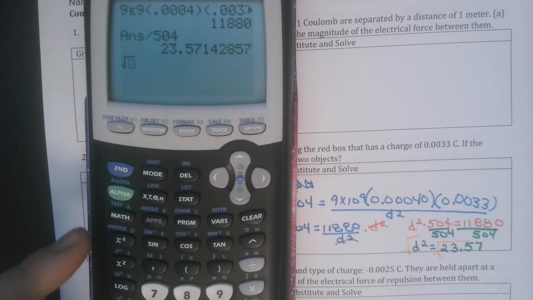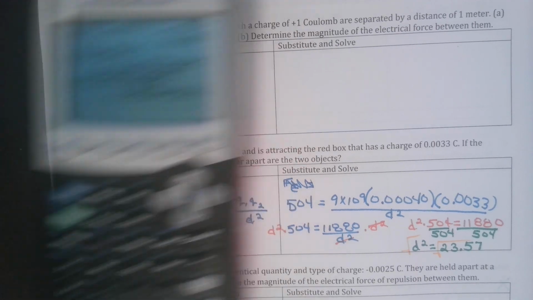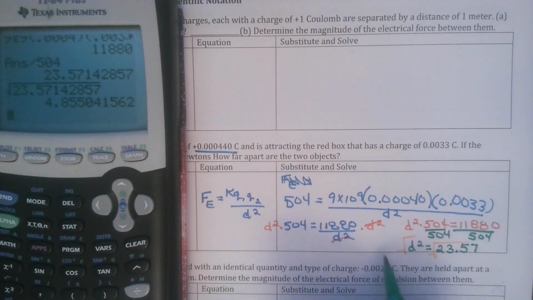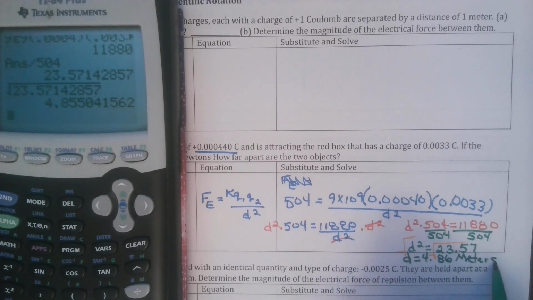But for this calculator, I actually could just go up here, pick up this number, and then I don't have to type anything. And so my answer is a distance of about 4.855. So I'm going to write 4.86. So the distance equals 4.86 meters. And that's how you solve for distance.